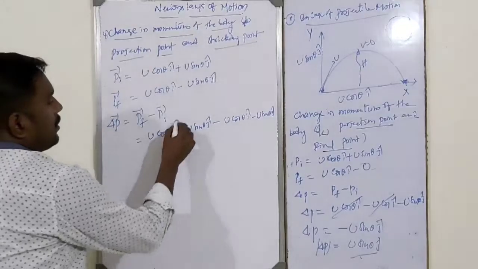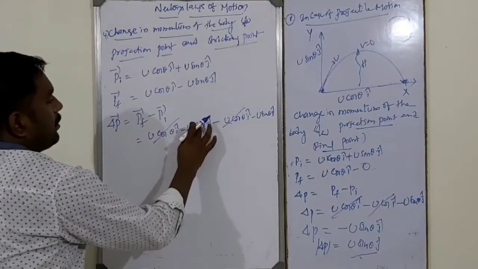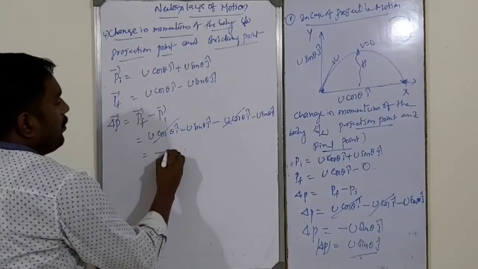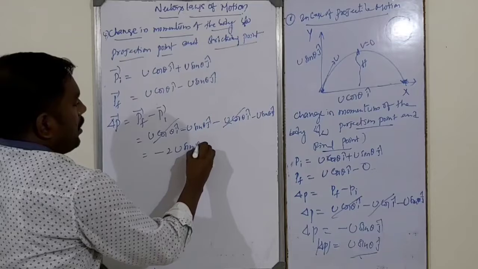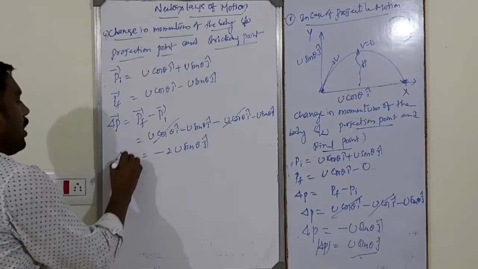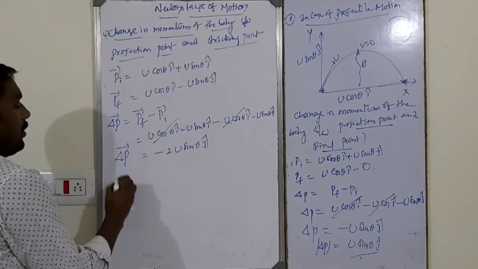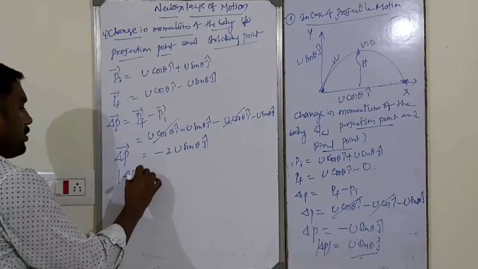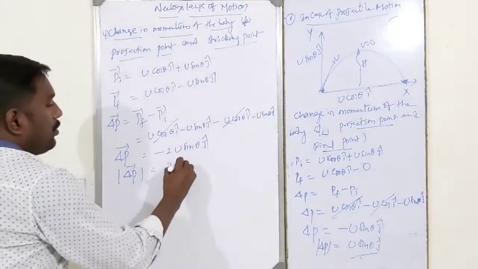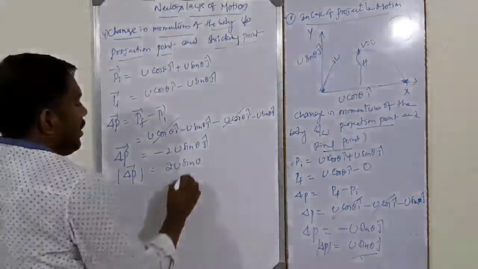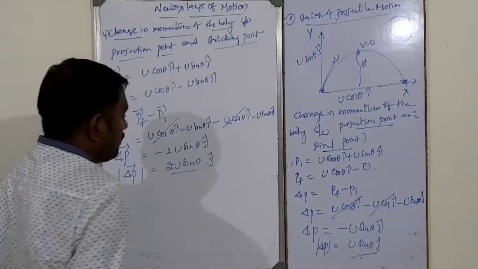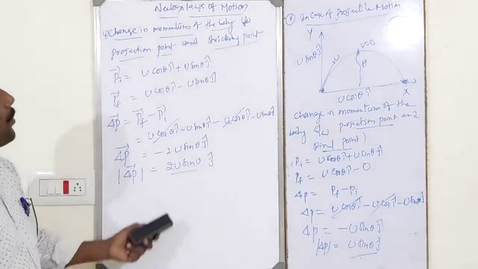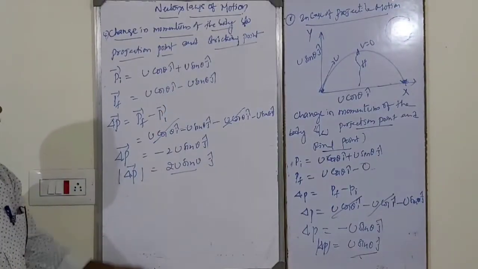In this case the i terms cancel out, ultimately giving minus 2u sin theta j cap. This is the change in momentum. The magnitude is always positive, as we already know, that is 2u sin theta j cap. This is the change in momentum of the body between the projection point and the striking point.